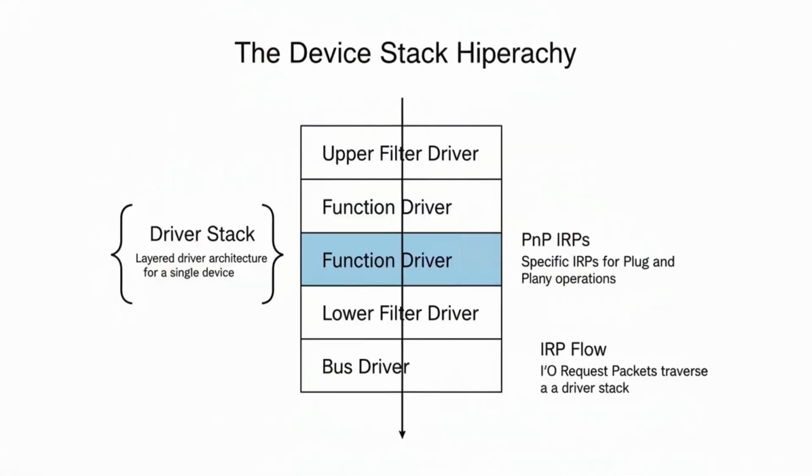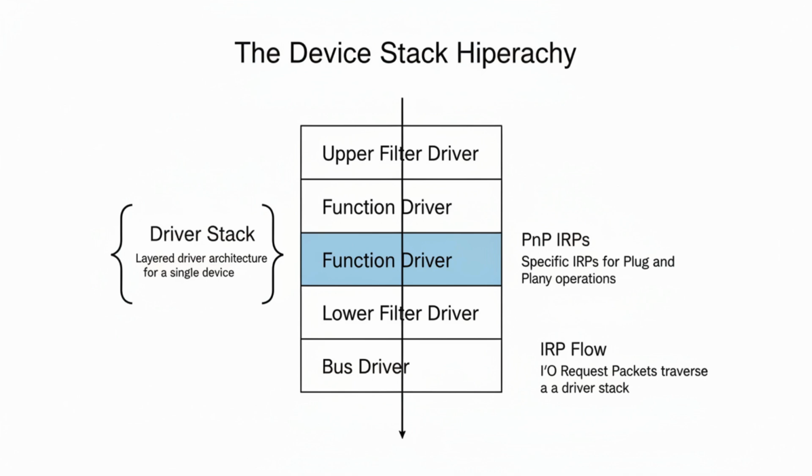Devices in Windows don't operate in isolation. They often involve a driver stack, a layered hierarchy of drivers working together to manage a single device. At the bottom is typically a bus driver, followed by a function driver and potentially one or more filter drivers. When an I/O request is made to a device, it typically flows downwards through this stack, a process known as IRP flow.